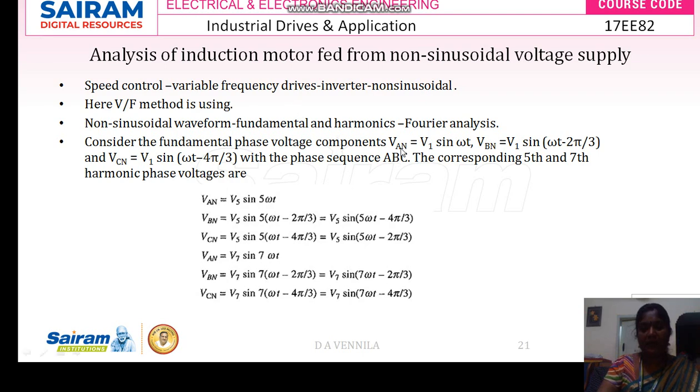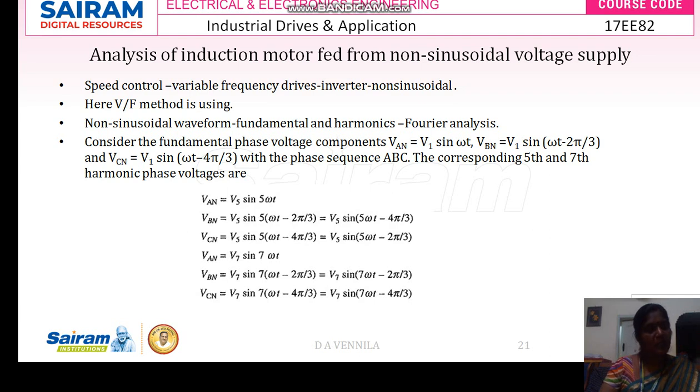The A phase with respect to neutral is the fundamental component, the second one has a minus 120 degree phase shift, and the third one has a minus 240 degree phase shift with respect to the first one, or you can say minus 120 degrees with respect to the previous one. As per the fundamental equation, we have to bring this equation to minus 240 or minus 120.